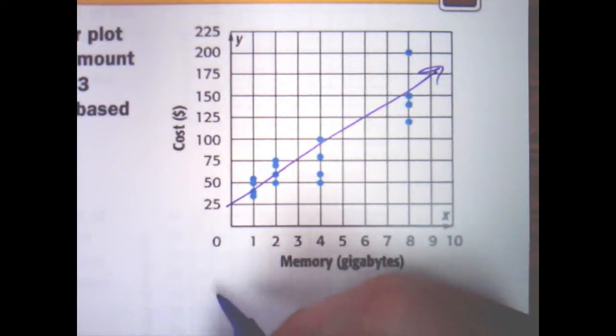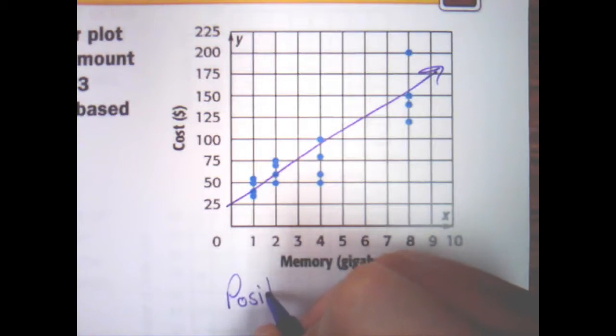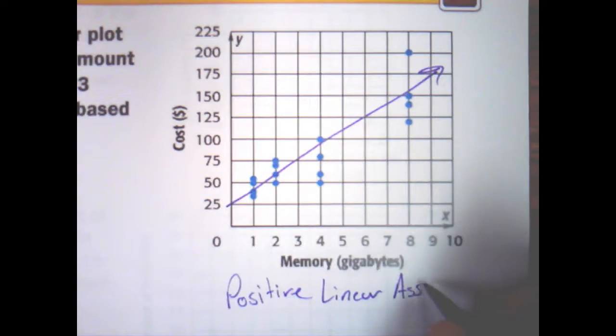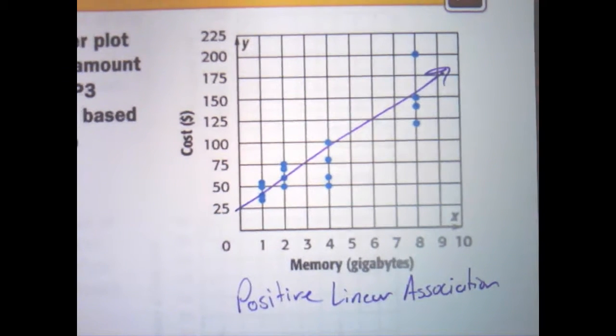Okay. They're all kind of going in a straight line here. So I would say positive linear association. Okay, positive linear association.